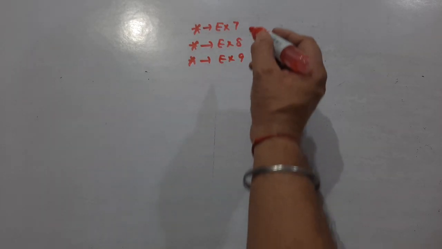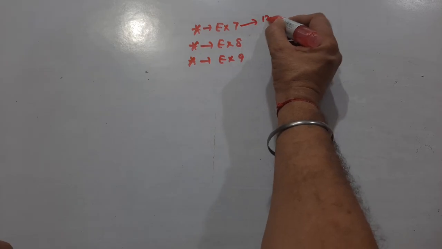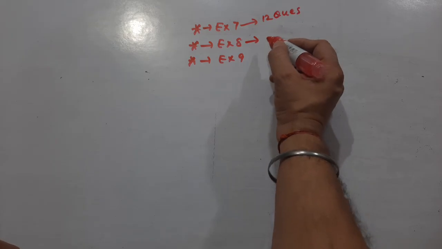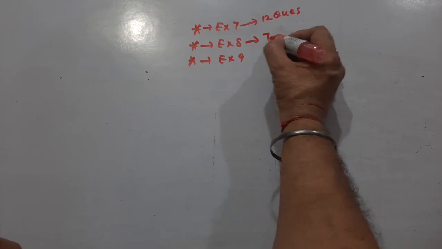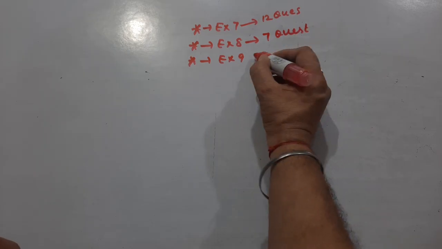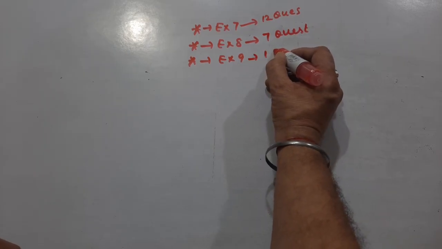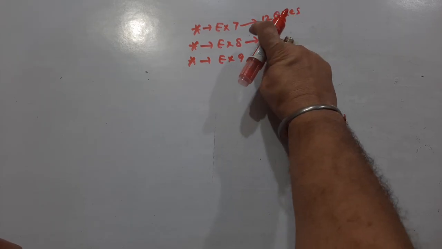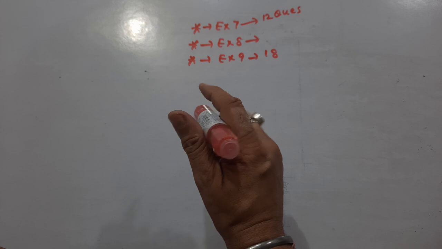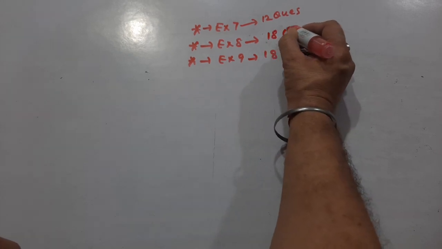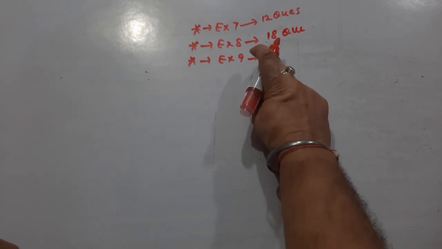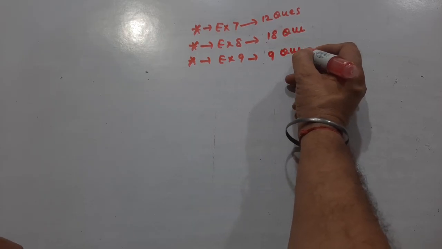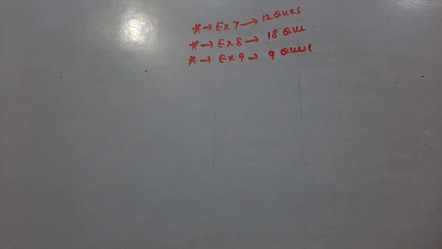If there are 12 questions, अब एक्सरसाइज 7 में हमारे पास 12 क्वेश्चंस हैं, उसमें से कोई एक आएगा. एक्सरसाइज 8 में हमारे पास 7 क्वेश्चंस हैं, उसमें से कोई एक आ सकता है. और एक्सरसाइज 9 में हमारे पास exercise 7 में we have 12 questions, 18 questions in exercise 8 and 9 questions in exercise 9. So in how many ways can the 3 questions be selected?